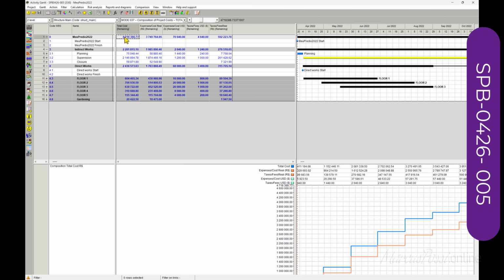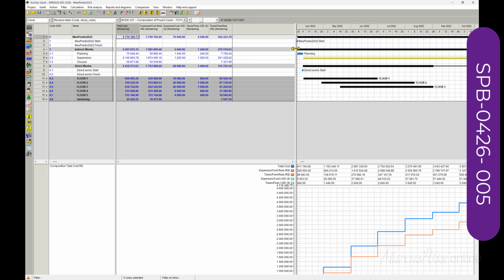The total cost of the project is the expenses for direct and indirect work, and tax in real of indirect and direct work, and of course also the expenses and taxes in dollars. But this amount of money will be converted by 5 into the total cost value.